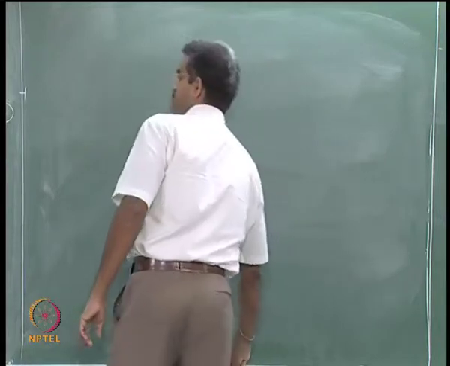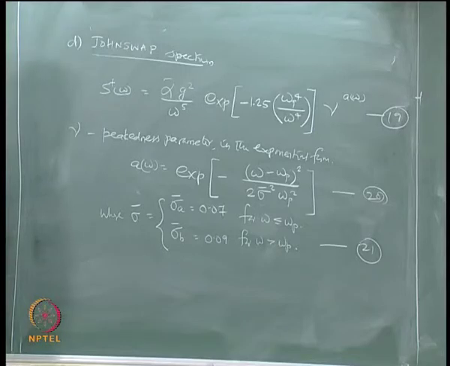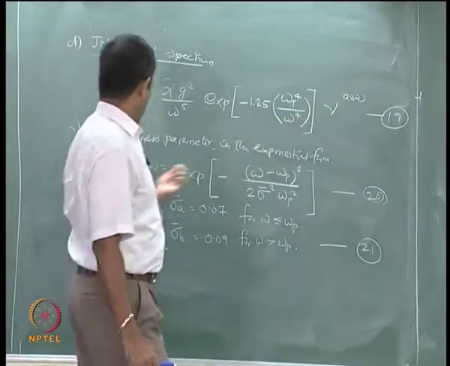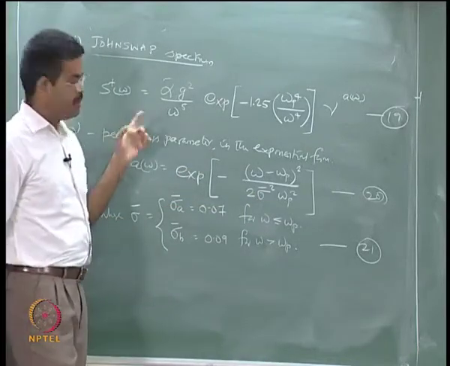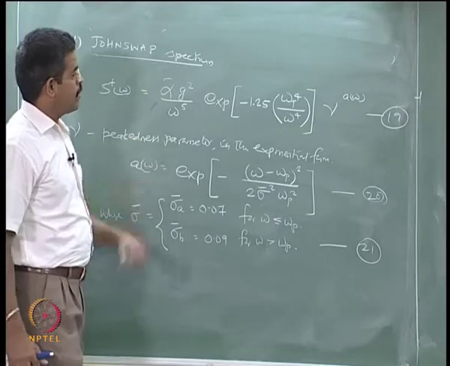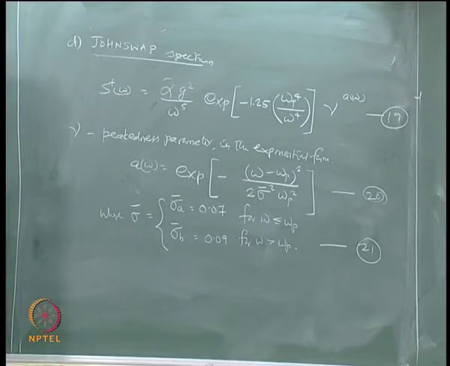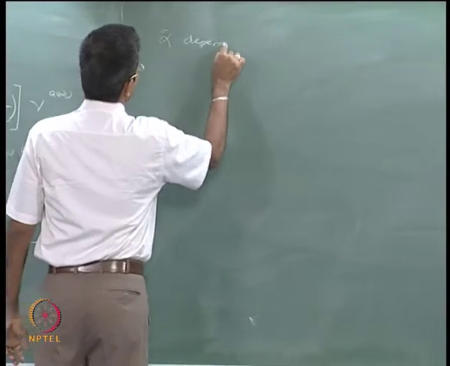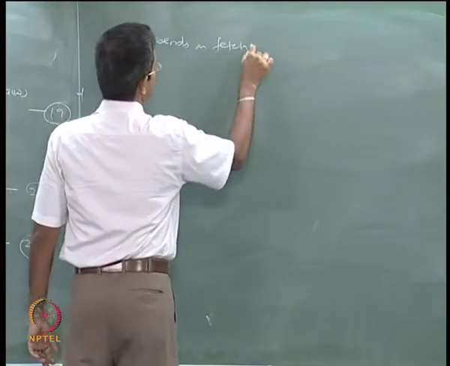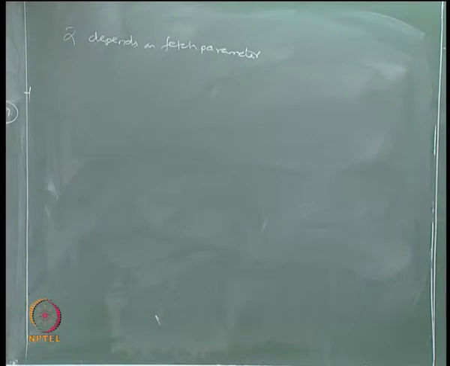I have not still explained the spectrum completely, we are only talking about the peakedness parameter which is again an exponential form where I am talking about A omega as a variable, here I am explaining the variable, I am coming back to the spectrum again, we have alpha bar here, of course omega p already has been explained. Alpha bar depends on the fetch parameter and the mean speed.